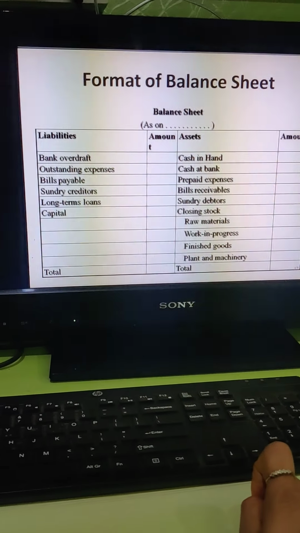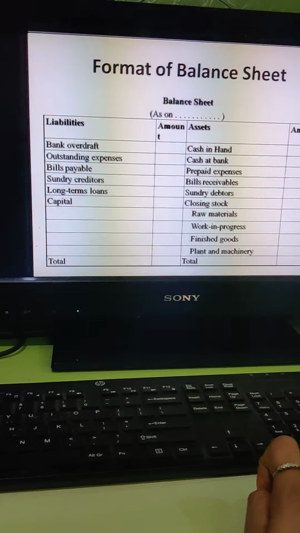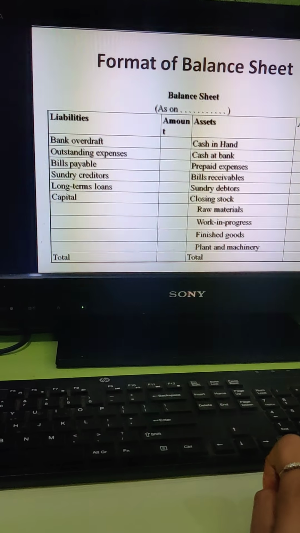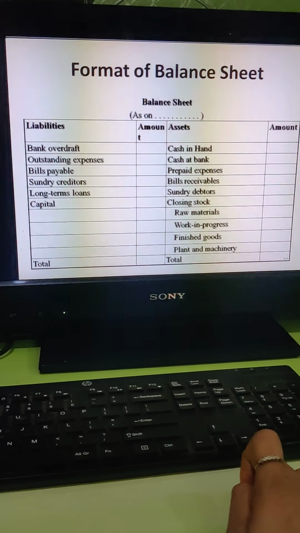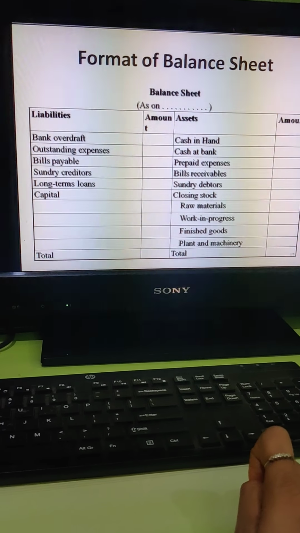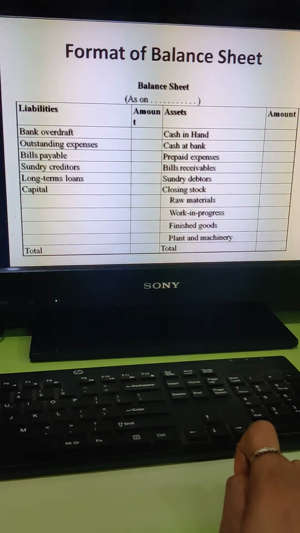As you see, on the left hand side are the liabilities. Even before that, if you see the format of the balance sheet, we always write balance sheet as on a particular date.